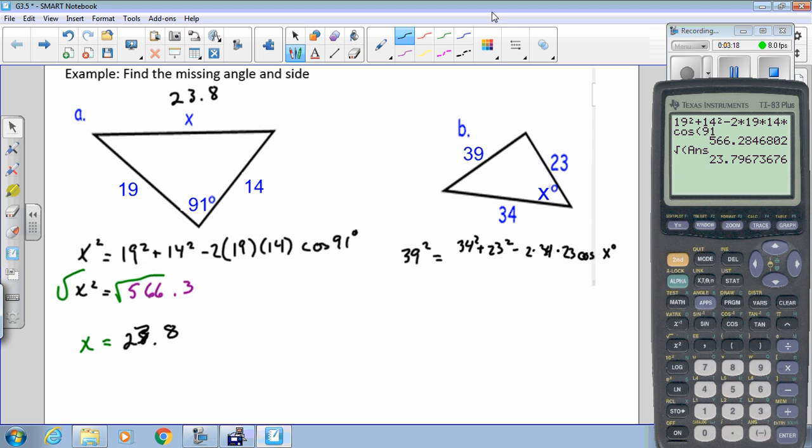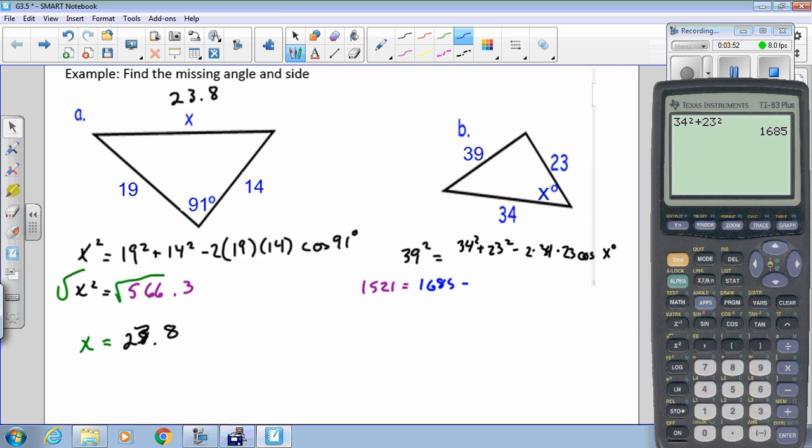This one here, you won't be able to put it all in your calculator, but we will be able to put some bits and pieces into it. 39 squared for sure. Let's write that down, 1521. So that's important. So you have to write some bits and pieces down. We can group this together, 34 squared plus 23 squared equals 1685, an important number too.